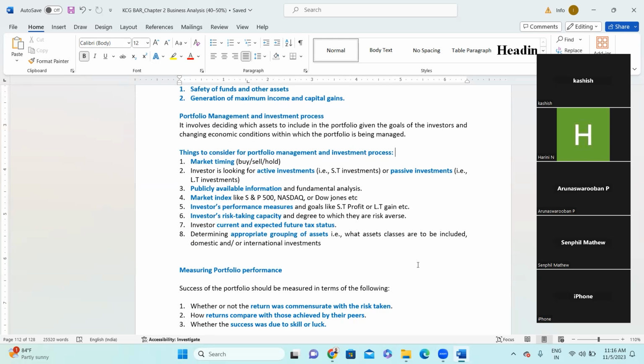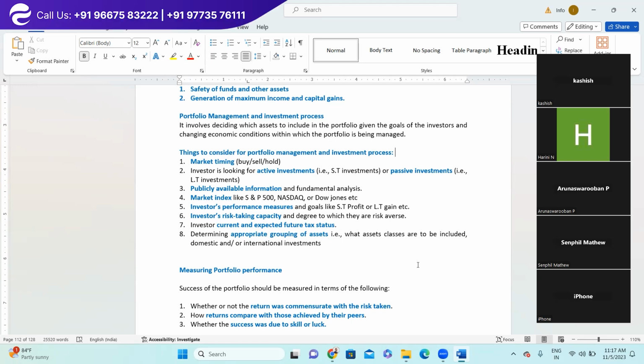Accordingly, the portfolio manager or investment management company needs to identify the respective stocks and make a mix and match: how much investment in the top 50 stocks, how much in the mid cap, and how much in the lower cap, right? So according to the risk appetite and desired goal of the investor, the investment management company makes the investment on his or her behalf, right?